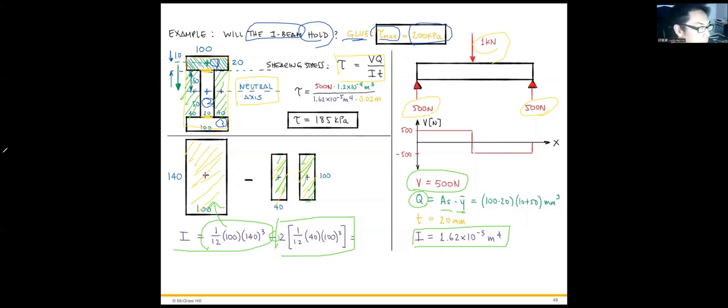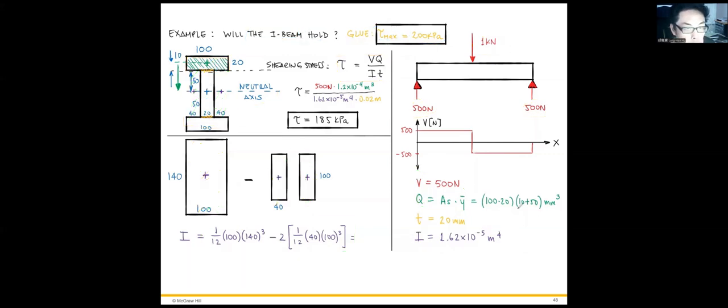So Y bar is 10 plus 50. 50 is the distance from the neutral axis to the bottom surface of the top part of the beam, and 10 is from the bottom to the centroid. Therefore, the distance from the neutral axis to the centroid is 10 plus 50.